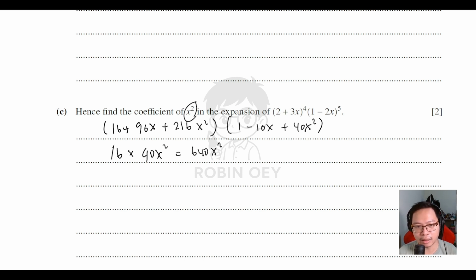Same with 96x. It has to be multiplied with another x. Because we want the result to be x squared, 96x must be multiplied with another x, which is -10x. So we get -960x squared.